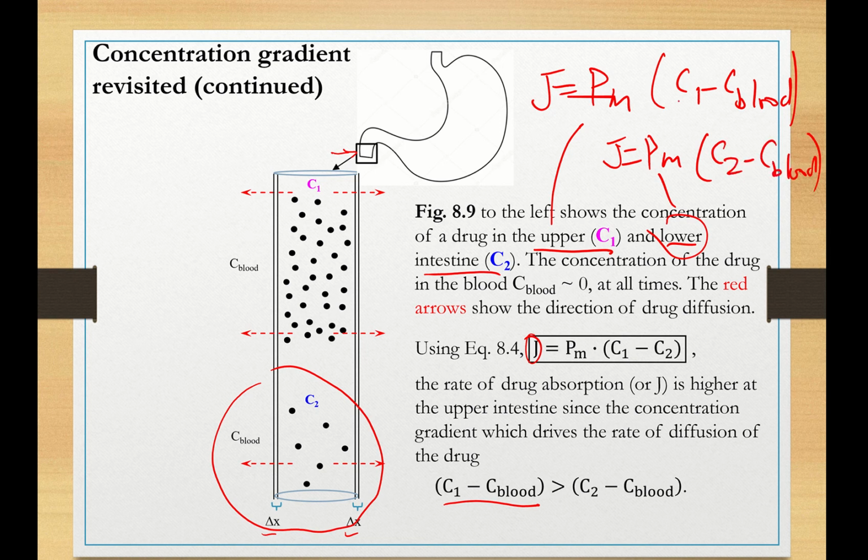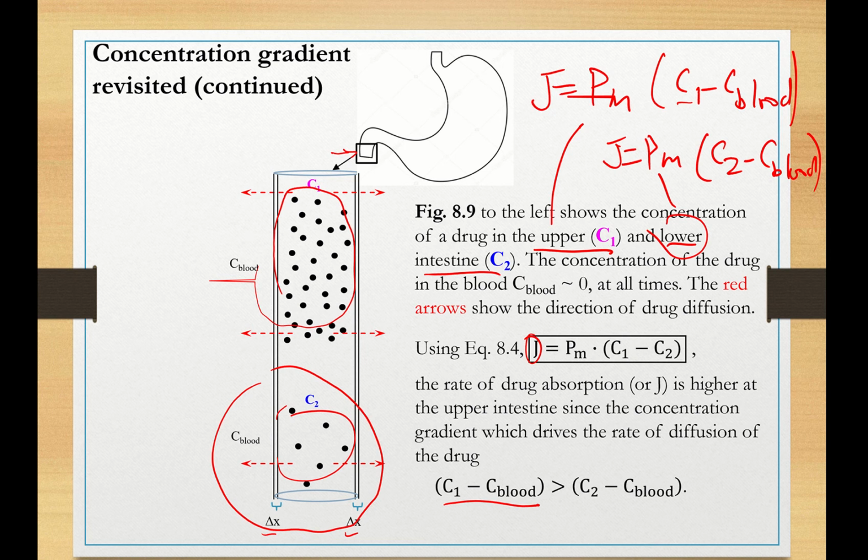Since C1, you see how much drug we have here, right? It's much higher than C2. The flux, or the rate of transport of the drug through the membrane, is going to be much higher than at the lower portion of the intestine. Okay, simple as that.